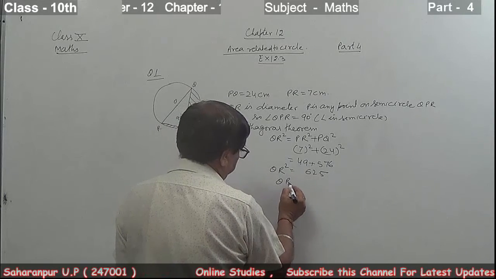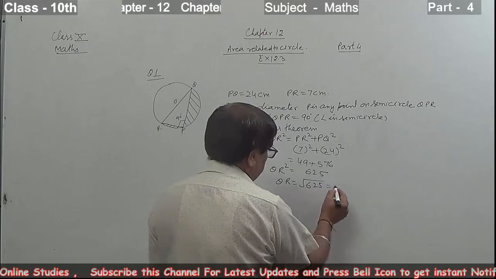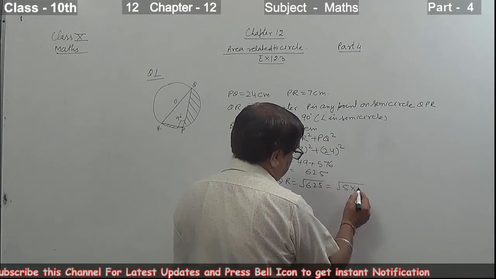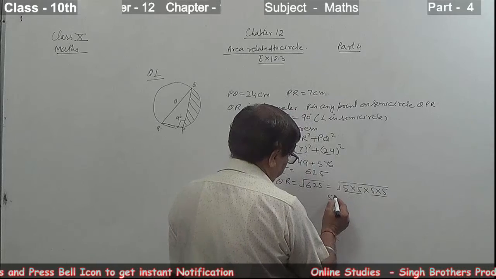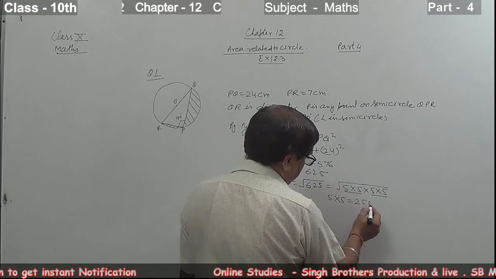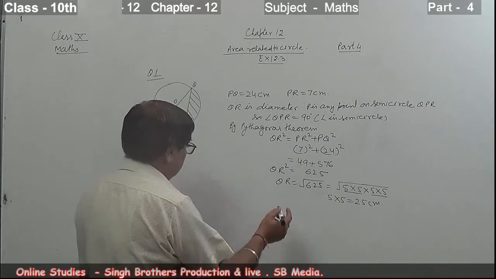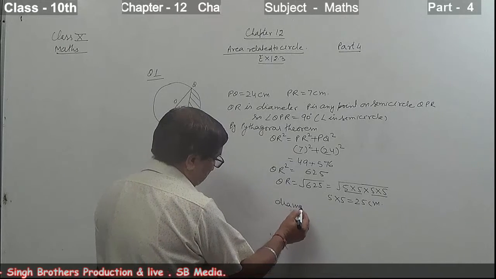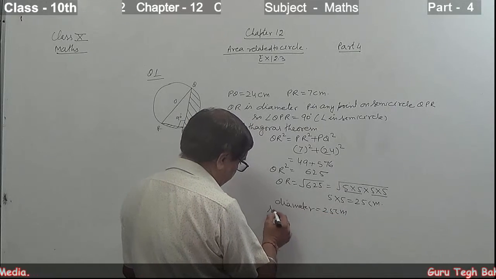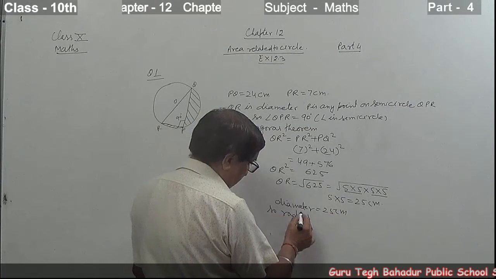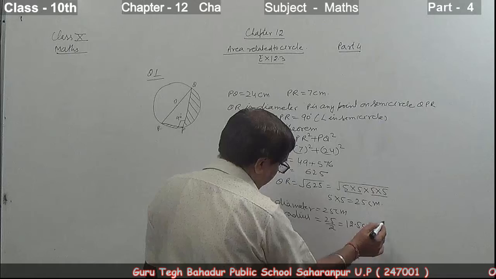So QR is square root of 625. Its prime factors are 5 into 5 into 5 into 5. Make pairs. It becomes 5 into 5, that is 25 centimeter. Therefore the diameter is 25 centimeter, so the radius is 25 upon 2, that is 12.5 centimeter.